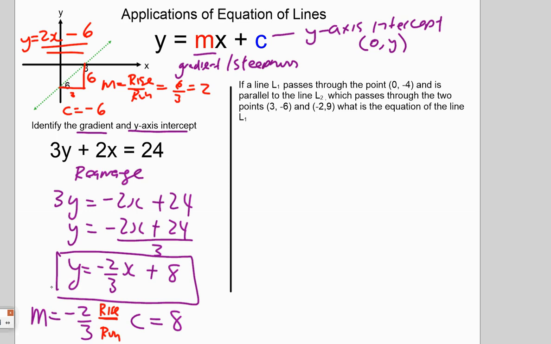It's really important that we identify this key point: (0, minus 4) is the y-axis intercept of line L1, so that's minus 4. If L1 is parallel to line L2, it's going to have the same gradient. Parallel lines have the same gradient.